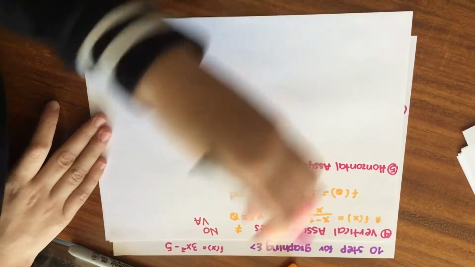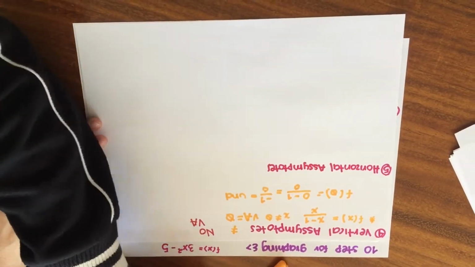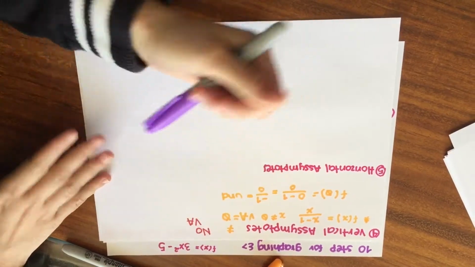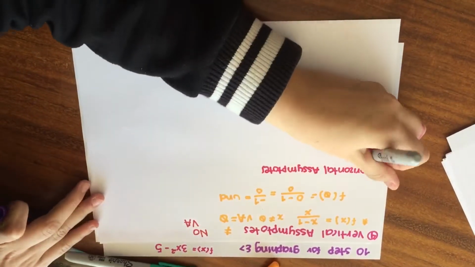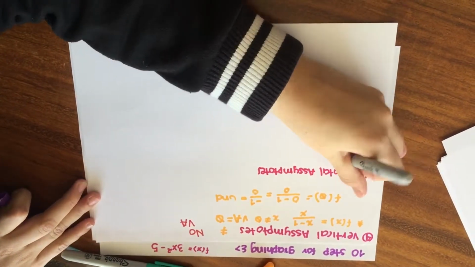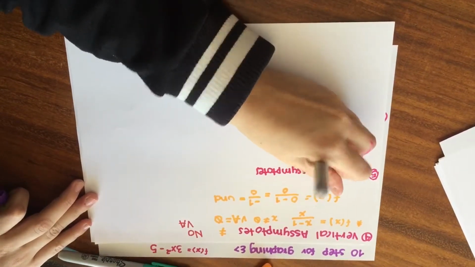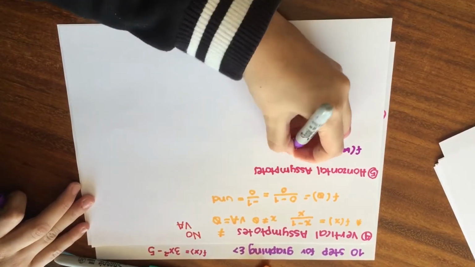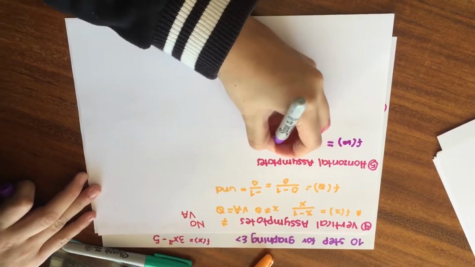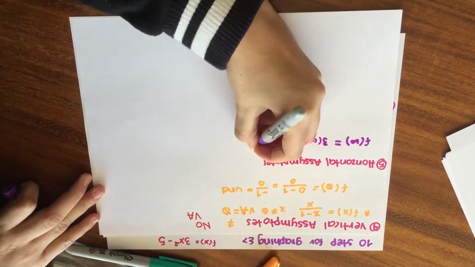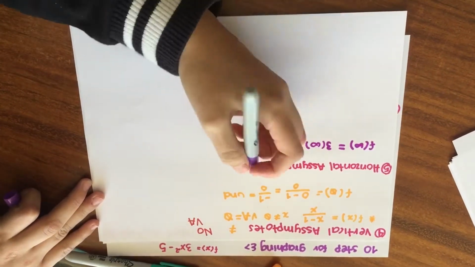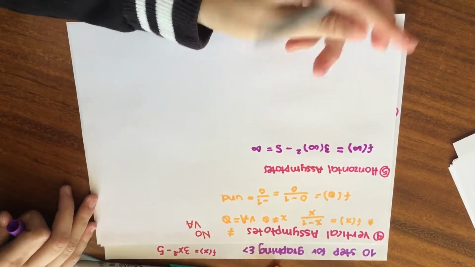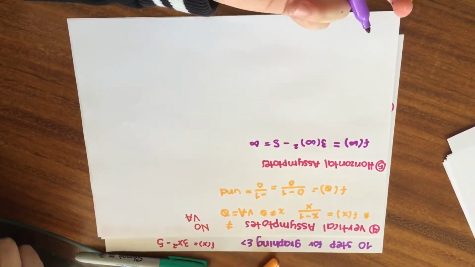For horizontal asymptotes, here we have to change everything to infinity, okay? So f of infinity is equal to 3 times infinity squared minus 5, which is equal to infinity. So our asymptote is at infinity. That means that there is no asymptote.